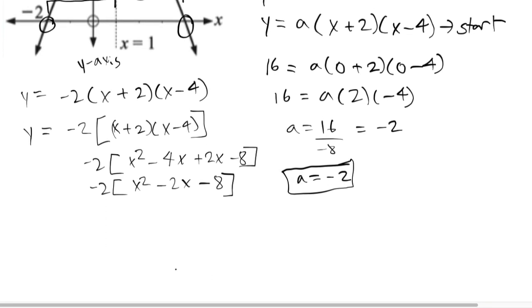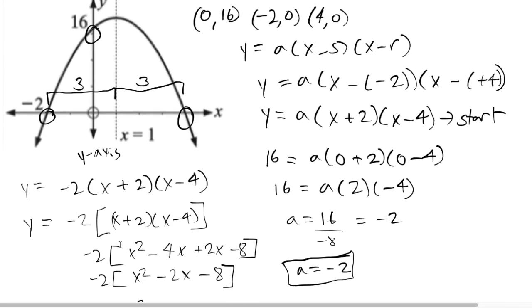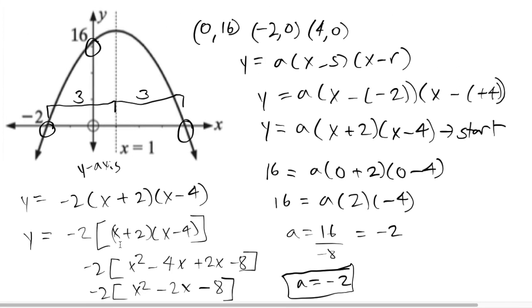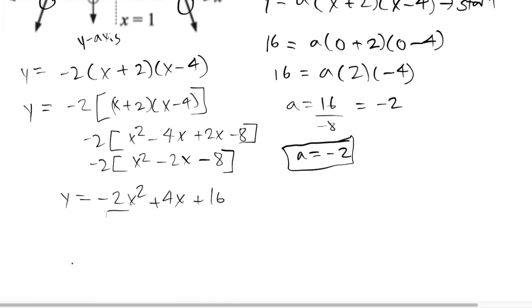So let's go down. And finally, when we distribute the negative 2, we get y is equal to negative 2x squared plus 4x plus 16. And note how a is negative 2, and with a negative a coefficient, it shows that the parabola curves downwards, and that's what we can see here and know our final equation is correct. So that's our answer.